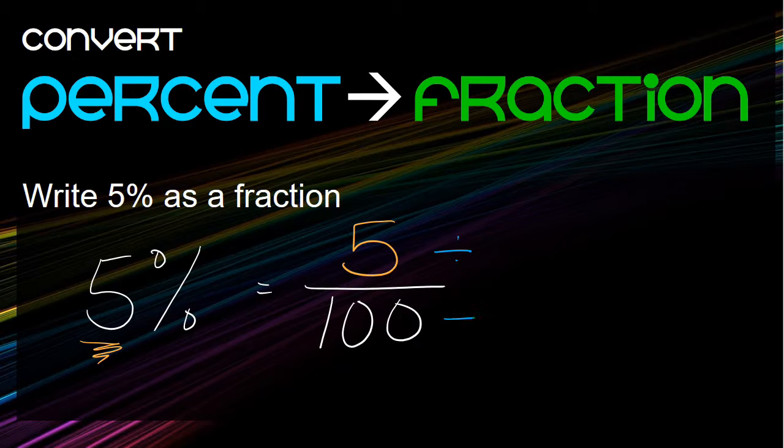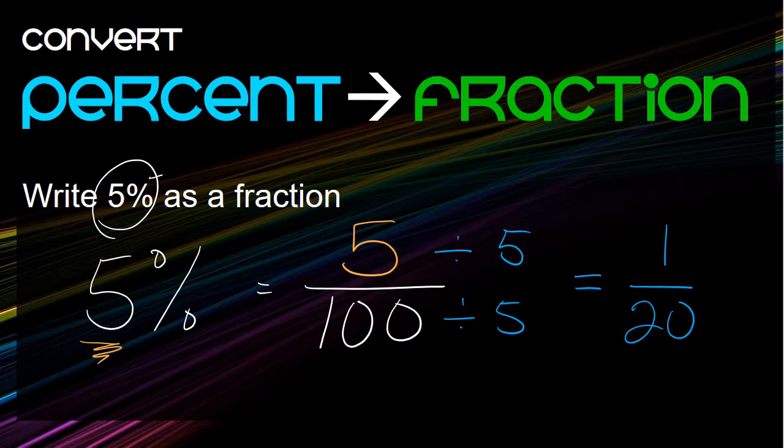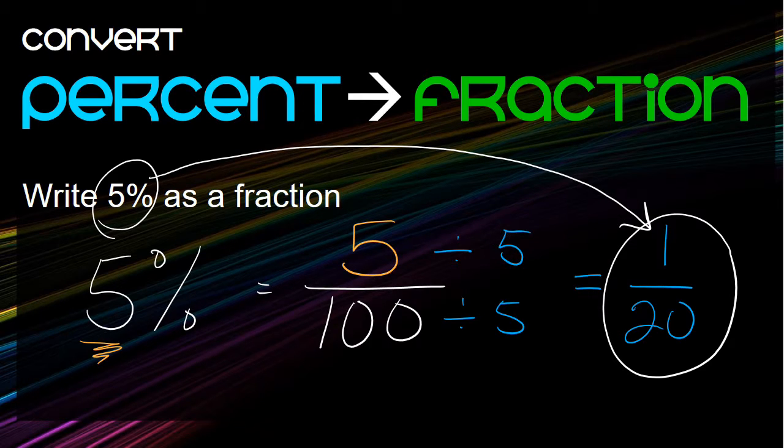We're going to divide the top and bottom by 5. 5 divided by 5 is 1, and 100 divided by 5 is 20. So we know that our percent, 5%, when we write that as a fraction, gives us 1/20.